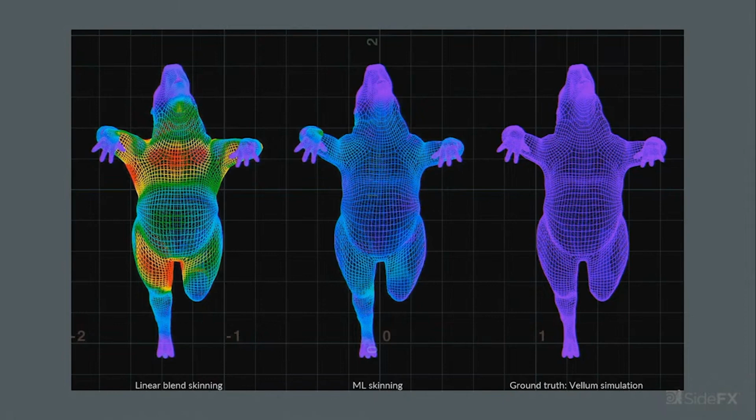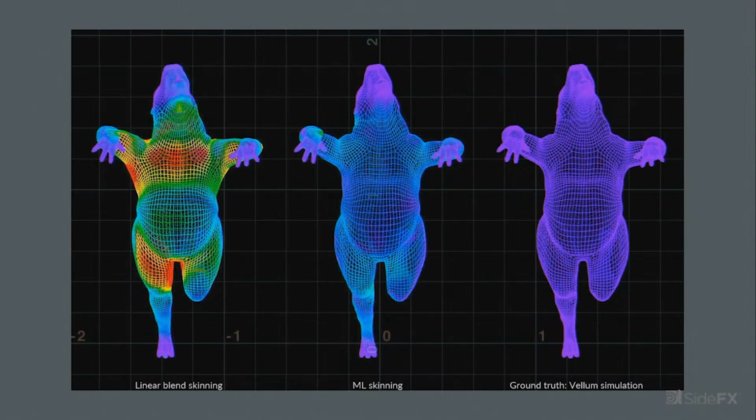We did this for this character in many different poses. If I remember correctly, I think there were several thousand poses that were used to train the machine learning algorithm. We of course didn't set up these positions manually.